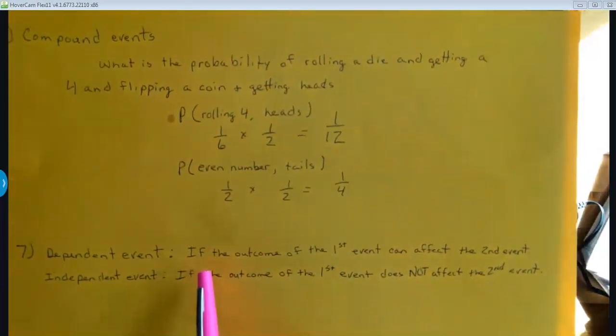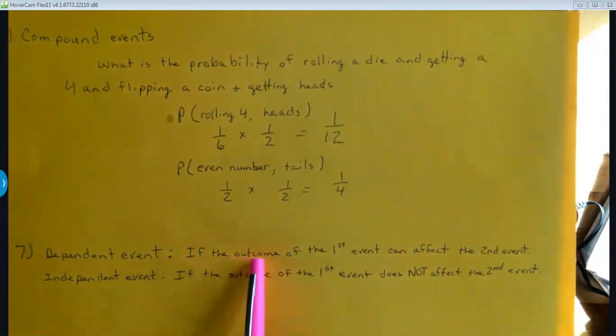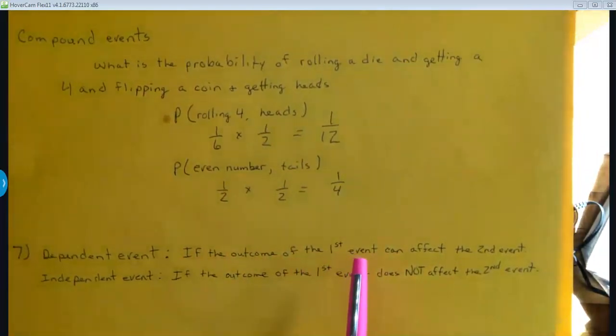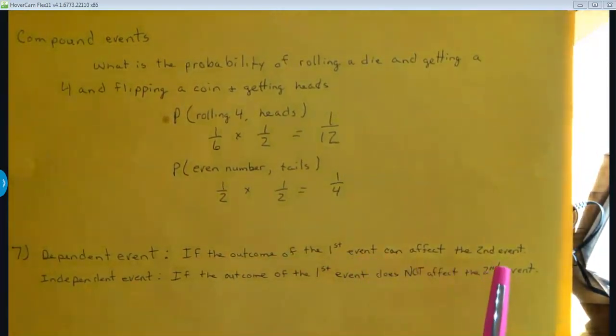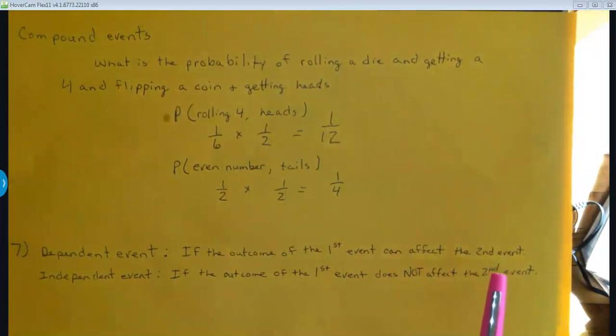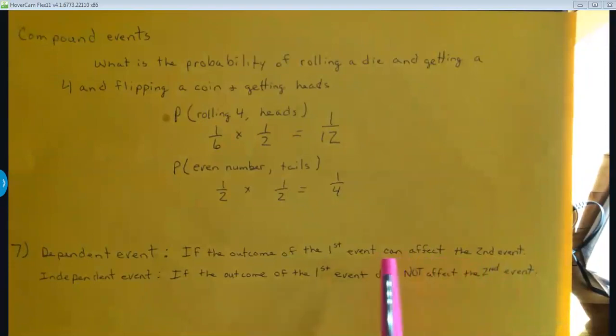Some definitions for you: a dependent event is when the outcome of the first event can affect the second event. An example of that would be if I drew somebody's name out of our class to see who would go first, that will affect the rest of the outcome because I'm not putting that person's name back into the set of data.